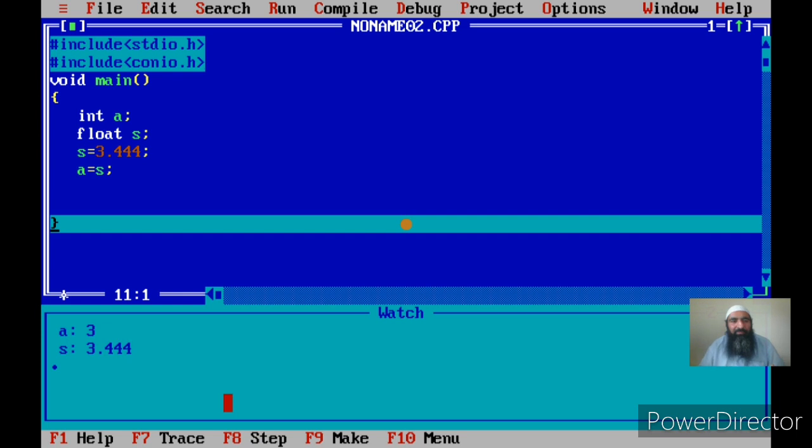What is the reason? The reason is that a does not have the capability to hold the decimal part. What it does, it accepts the integer part, but it throws off the decimal part.